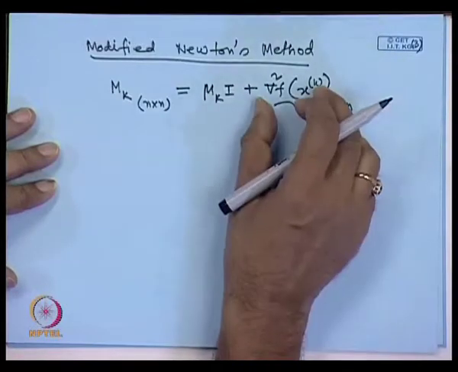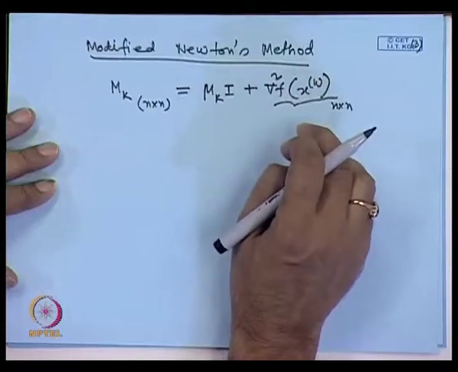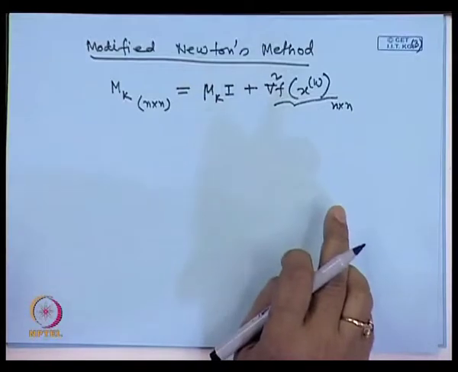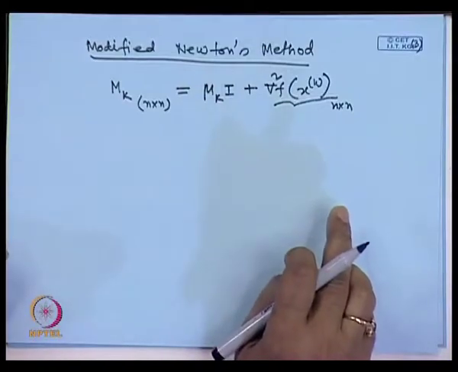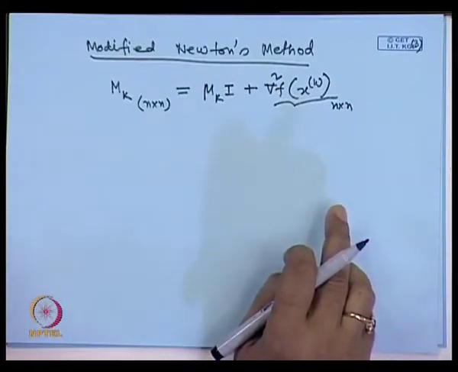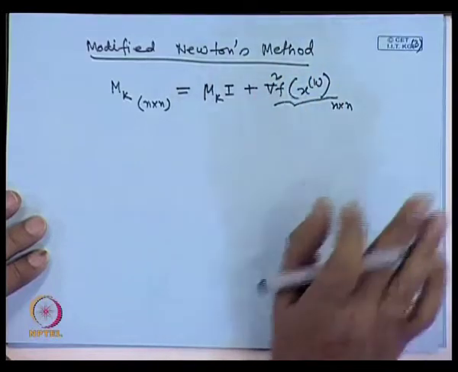So, what I did: if this quantity is not a positive definite matrix, why does it require a positive definite matrix? Because the descent direction d_k, whether we are moving in the descent direction of the function or not, must satisfy a condition. What condition? The gradient of the function multiplied by d_k must be less than 0, which in turn implies that the Hessian matrix should be positive definite.